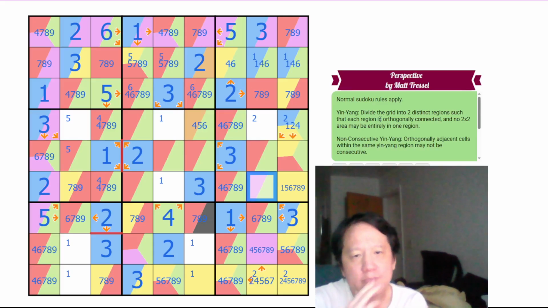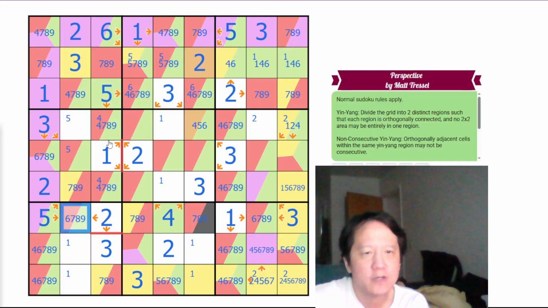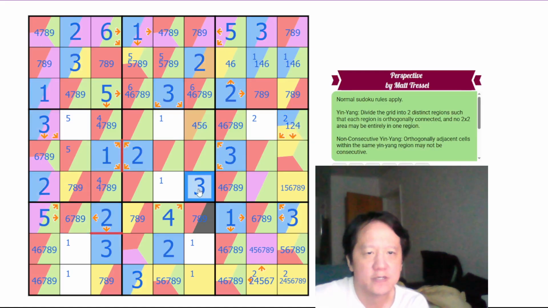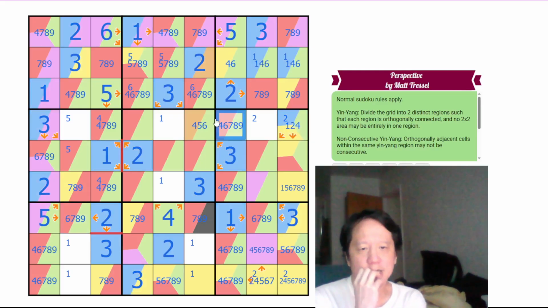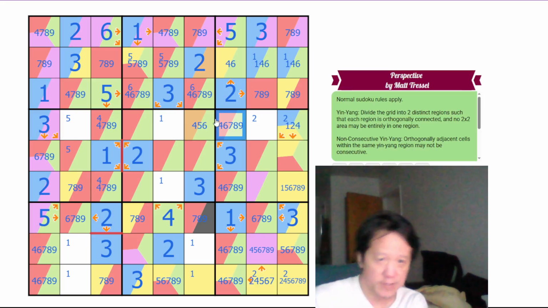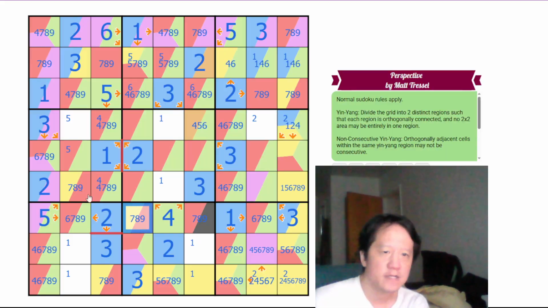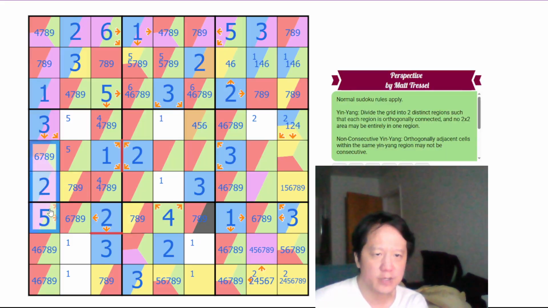Yeah, let's remove the blues. Actually, that doesn't help us much. This is pink. This is yellow. This is yellow. These are all pink.